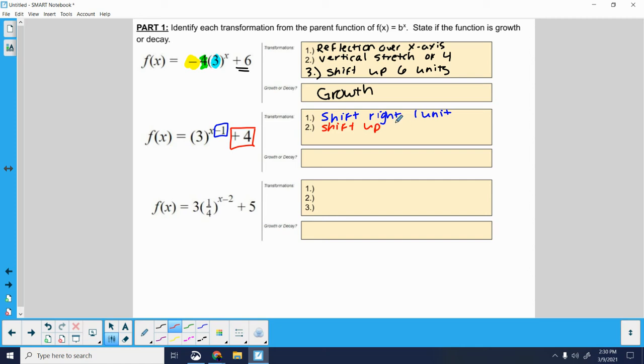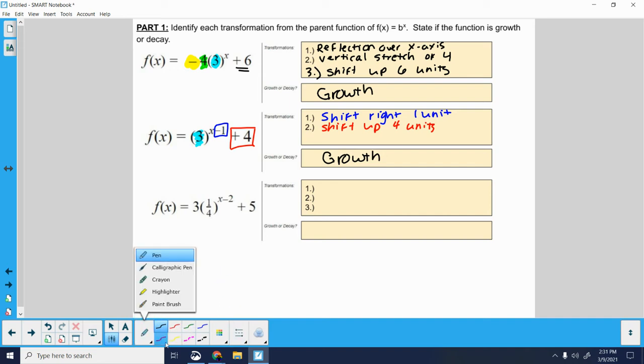So the number at the end of the equation tells us whether it's going up or down. And then lastly, if we look at the base of the exponent, since 3 is greater than 1, this is also going to be a growth function. So when the base is bigger than 1, it's exponential growth.